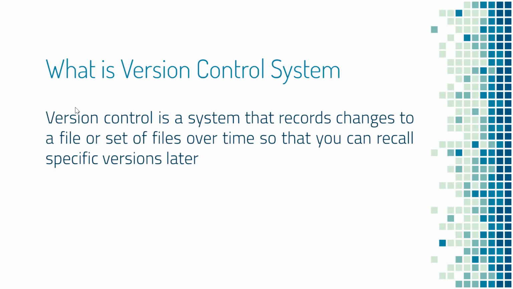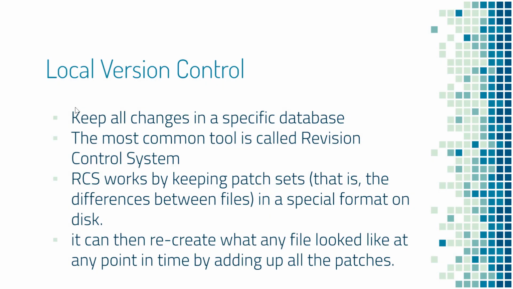Instead of that, people came up with another solution, which is called a version control system, which is used to record changes to a file or multiple files over time. So at any point, you can revert back to a specific version of that file. One of the solutions proposed was local version control, which keeps all the changes in a specific database.